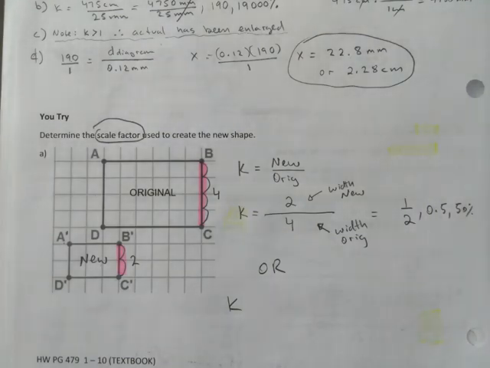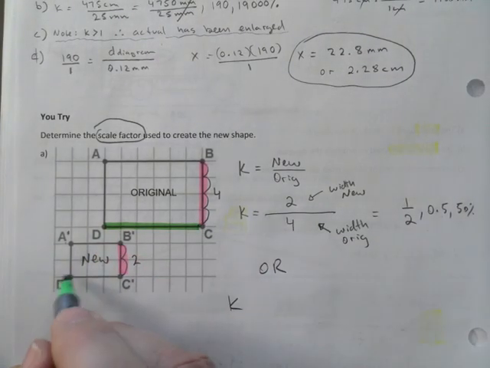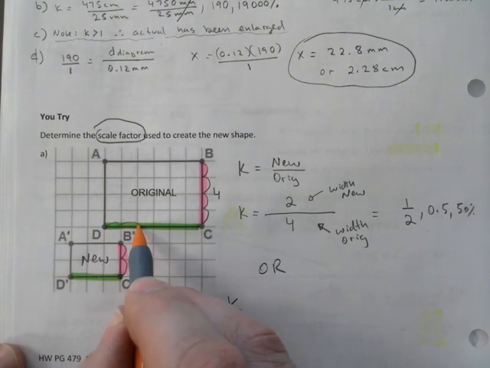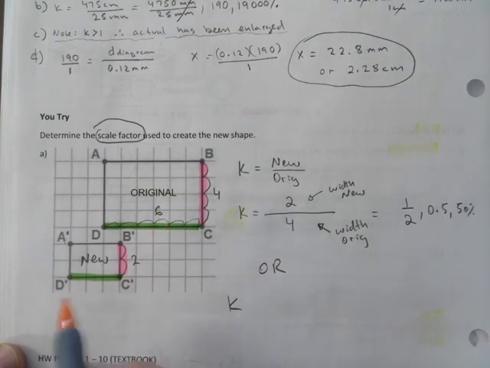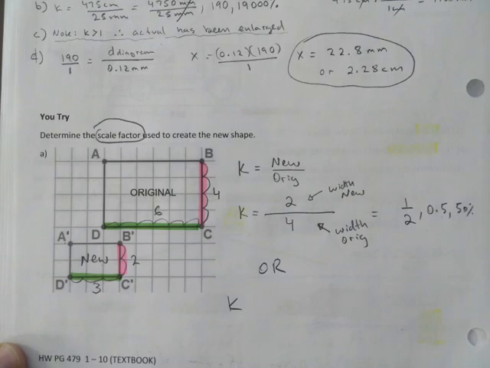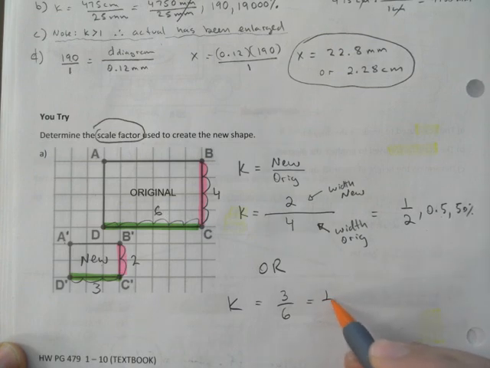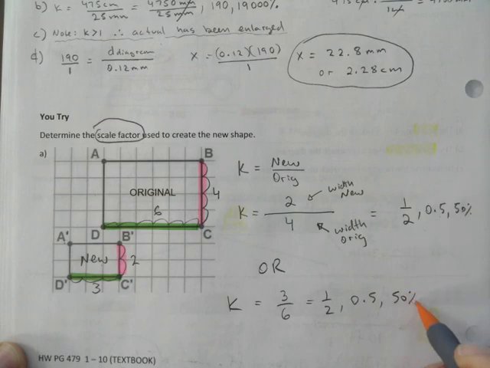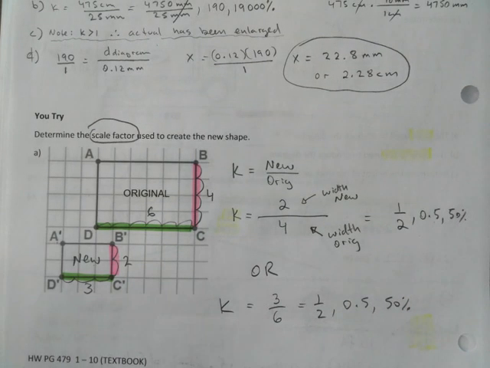if you have a different highlighter, you could have compared the length and the length, right? So this would be 1, 2, 3, 4, 5, 6, and this is 1, 2, 3, right? So you could have gone 3/6 and notice that you get the exact same thing, 1/2, 0.5, 50%, which is to be expected. Right?